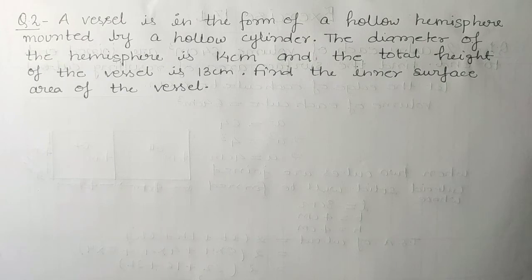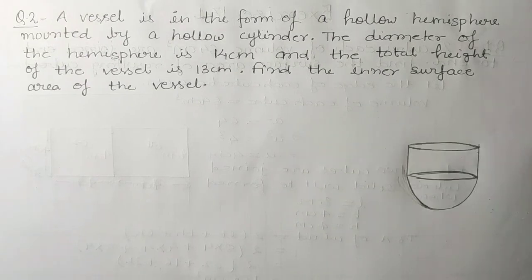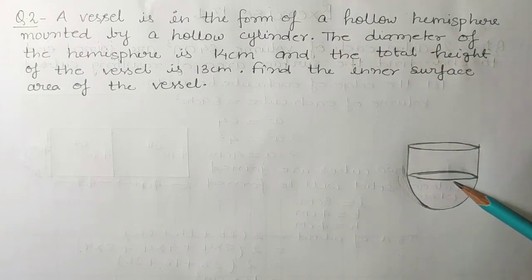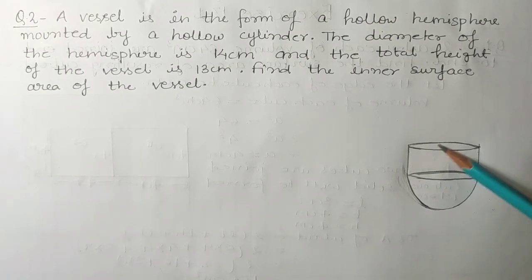So firstly we have to draw the diagram such that a hemisphere is mounted by a cylinder. Hollow cylinder is written, but here you will make only the figure of the cylinder. Hollow means its inner part is vacuum.